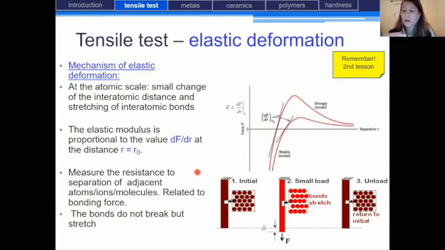This is directly related to what we studied at the beginning of the class when we described the force of the atomic bond that we find in each class of material. And so just remember, to present the difference between elastic deformation and plastic deformation, here we do not have breaking of the bond during stretching, only increasing of the distance between the atoms.